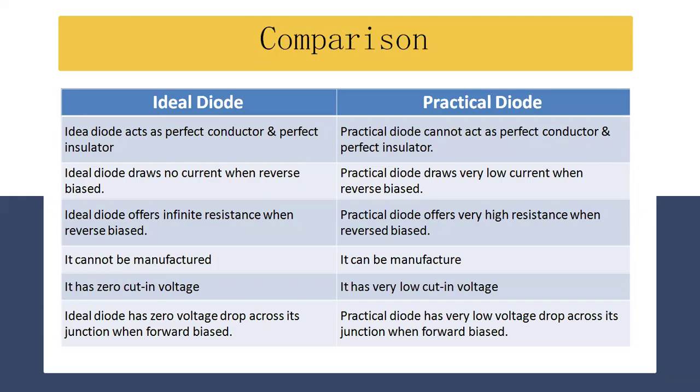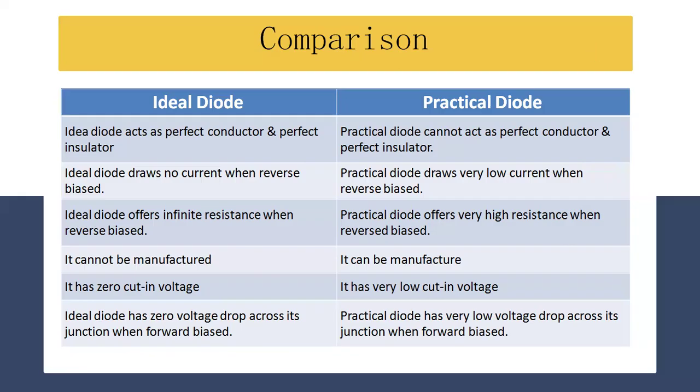We had already seen the VI characteristics of the diode, in which even if we connect our diode in reverse bias, initially we have a very small and constant reverse bias current. Next, an ideal diode offers infinite resistance when reverse biased, whereas a practical diode offers very high resistance when reverse biased.